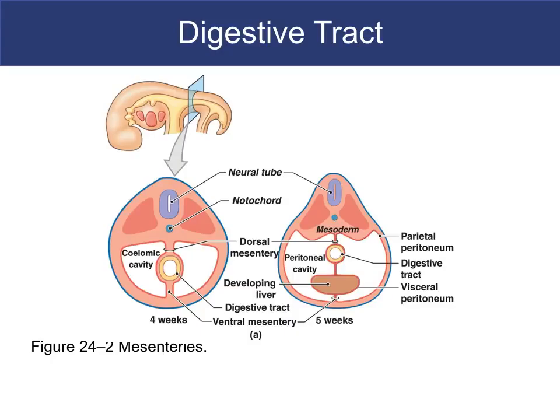Before birth actually, if this is a loop of intestine, and this is the peritoneum filling the peritoneal cavity, it used to work out so that we had a mesentery coming up from the back and a mesentery coming in from the front. So this would be called the dorsal mesentery, and this would be called the ventral mesentery. This is obviously the anterior, and this is posterior.